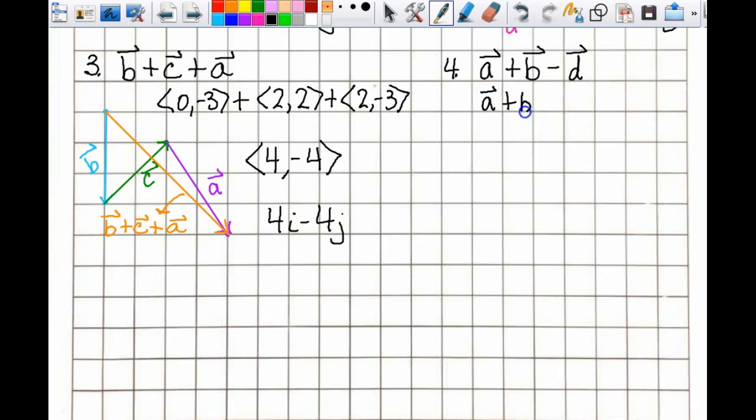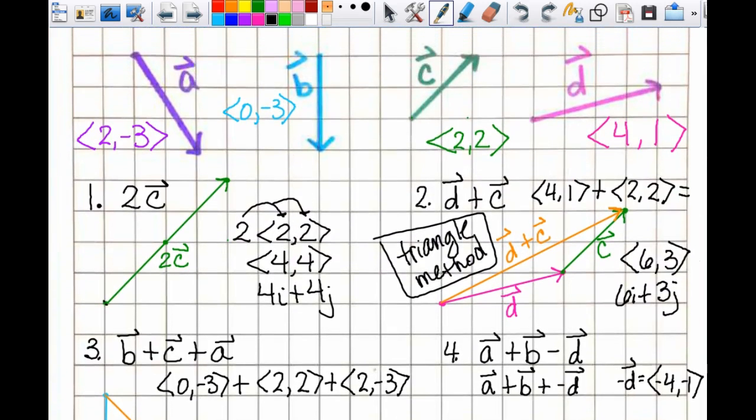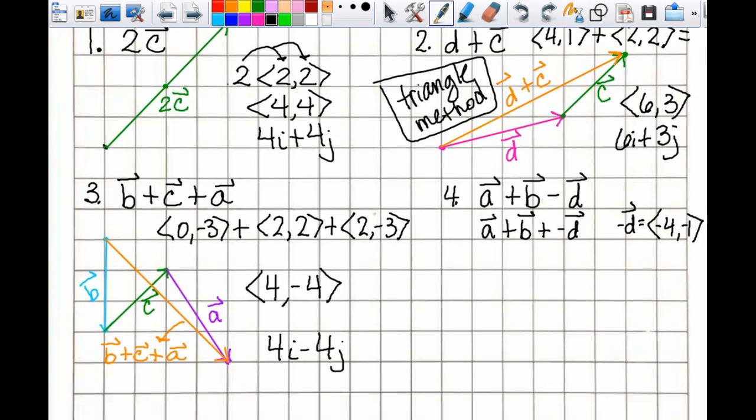So it's really A plus B plus the opposite of D. Since D is 4, 1, the opposite of D is equal to what? Negative 4, negative 1. Let's go back up here. I don't know if we have room to draw it. But if this is 4, 1, we're going this way. So negative 4, negative 1 would be the opposite vector there. You just change the signs on what you have.